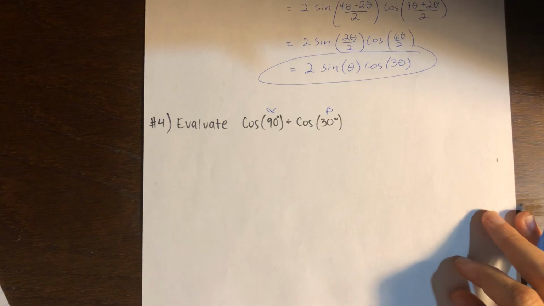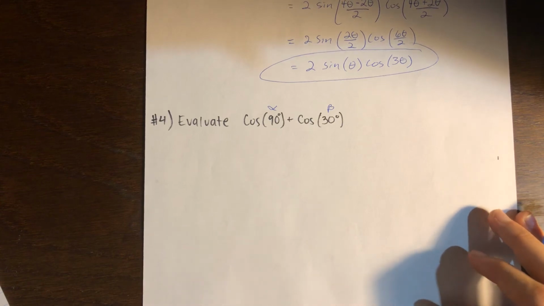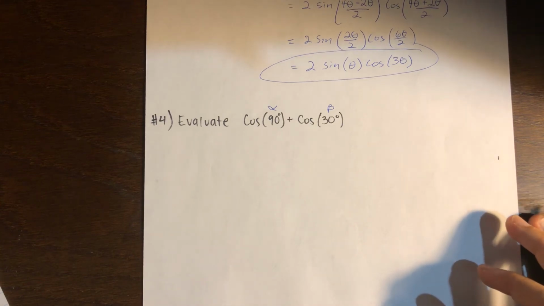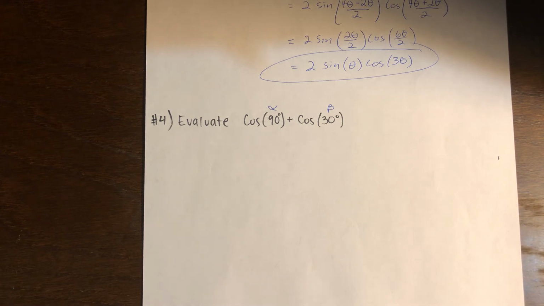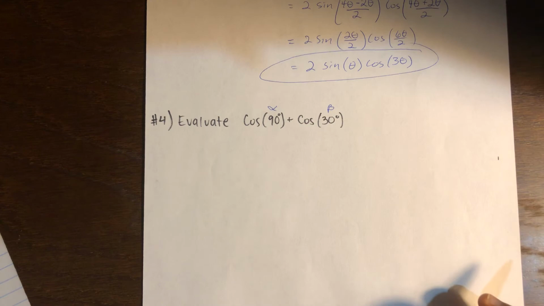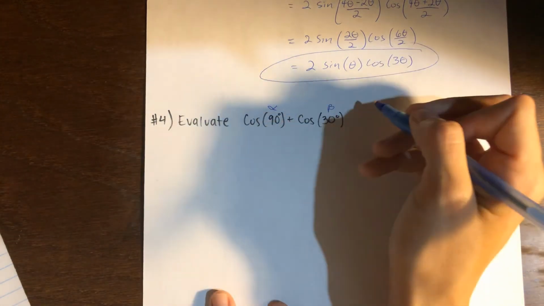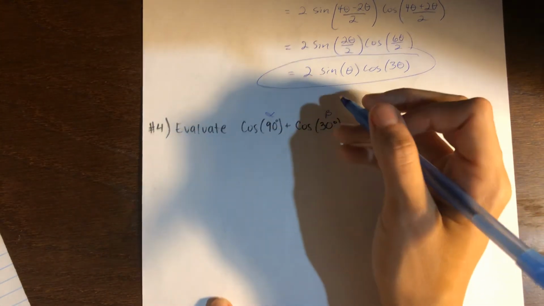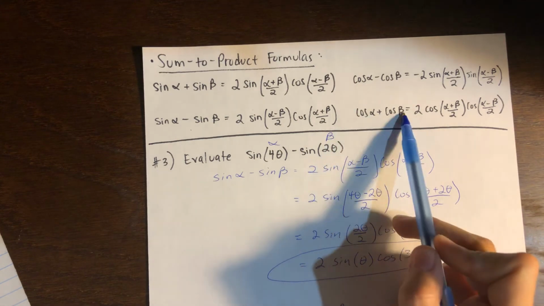Last but not least, we have evaluate the cosine of 90 degrees plus the cosine of 30 degrees. Again, this is alpha and that's beta. Cosine plus cosine, so we're going to go back up here. We're using cosine plus cosine.